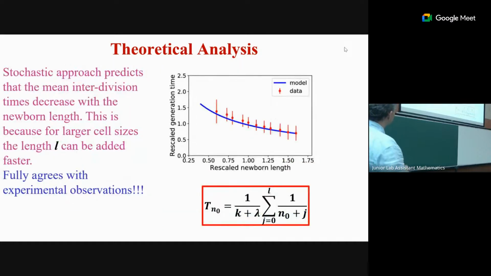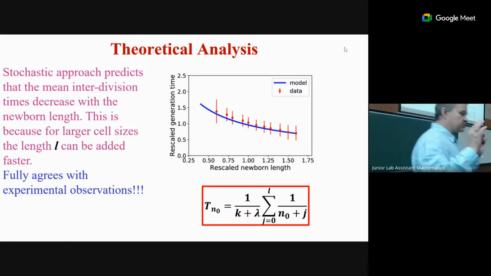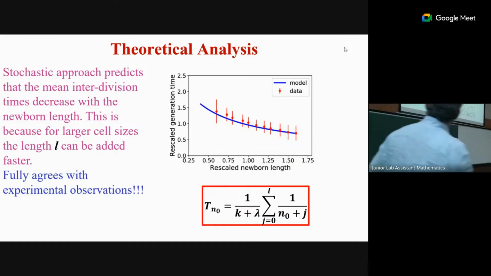But it working well is not the most important thing. It's good if your theory can explain experimental data, but more important is that it can provide a microscopic explanation. And this picture can provide a more microscopic picture.